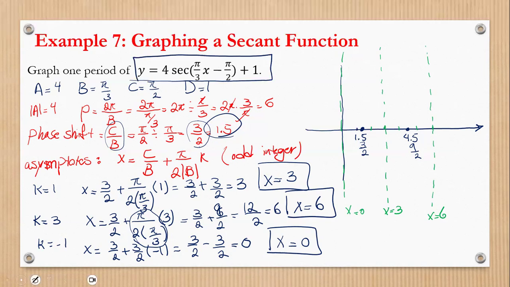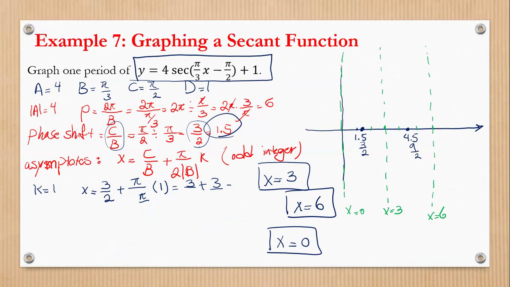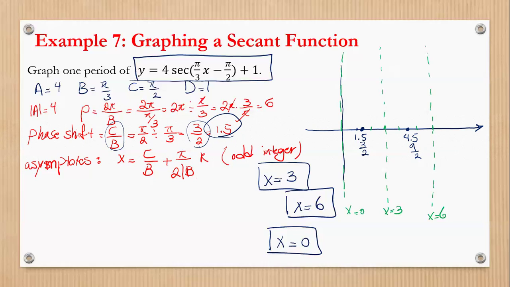So I'm going to erase some parts here and then show you how we can find them. Okay, if I replace 3/2 into the function, we have 4 secant of pi over 3, replace the x by 3/2, minus pi over 2, plus 1.